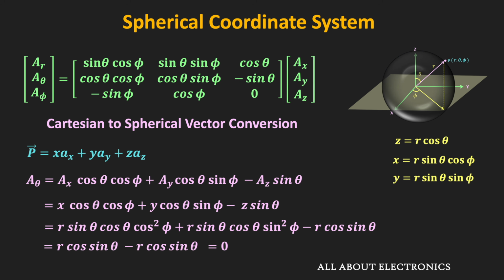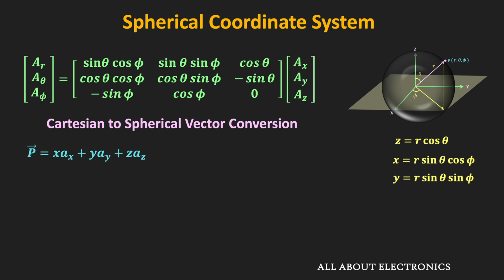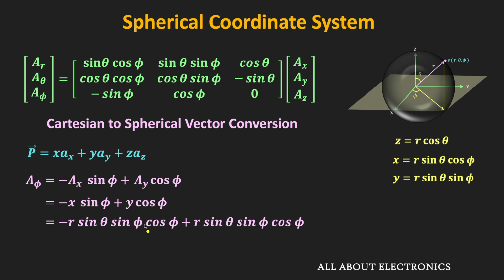Similarly, let us also find Aφ. As per this conversion matrix, Aφ can be given as minus AX times sin φ plus AY times cos φ. Once again, let us put in the values of AX and AY. If we perform the coordinate conversion, X is equal to R sin θ cos φ, and likewise Y is equal to R sin θ sin φ.